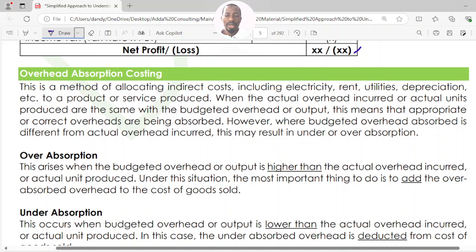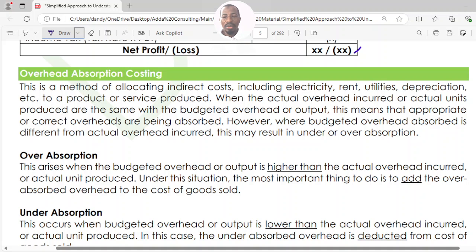Ordinarily, the actual overhead incurred should be the same thing as the budgeted overhead. If the actual overhead incurred and the budgeted overhead are the same, it means that the overhead is correctly or appropriately absorbed.